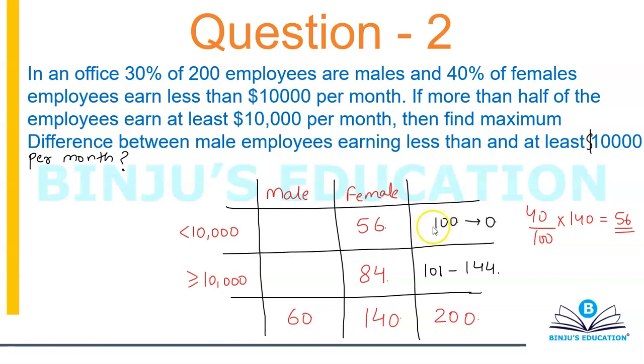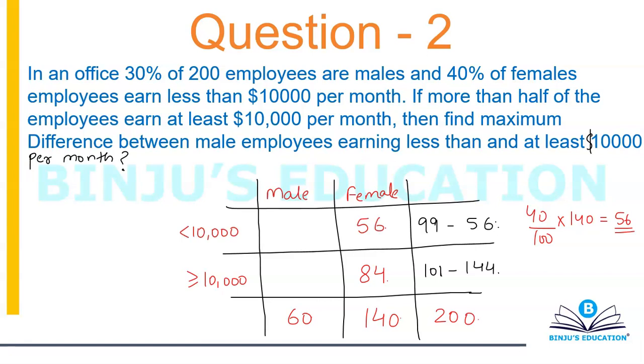Now if this value can go from 101 to 144, that means this value here will be from 99 to 56, because 101 plus 99 is 200, and 144 plus 56 is also 200. Now we need to figure out the maximum difference, which means I'll have to make one of them maximum and the other minimum.